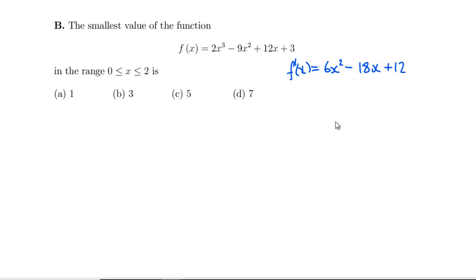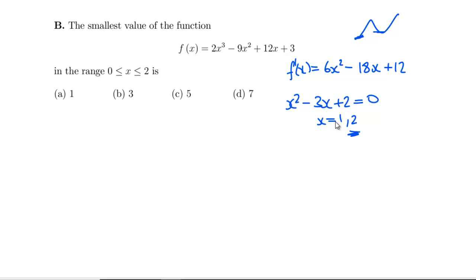Divide everything by the 6. So I want x squared minus 3x plus 2 equal to 0. So I'm going to get turning points at x is 1 and 2. So it's going to be going like that. That's going to be the maximum, and that's going to be the minimum there.